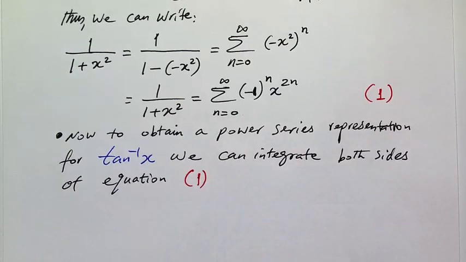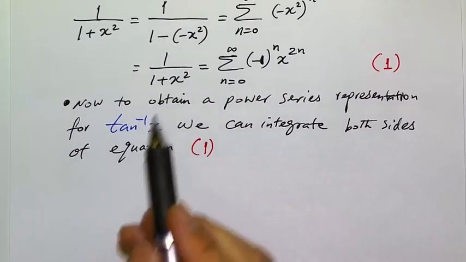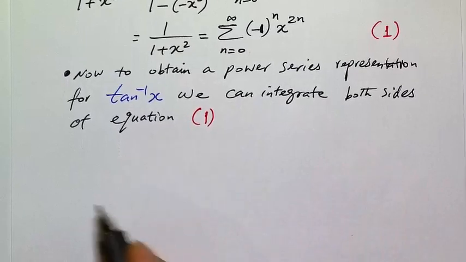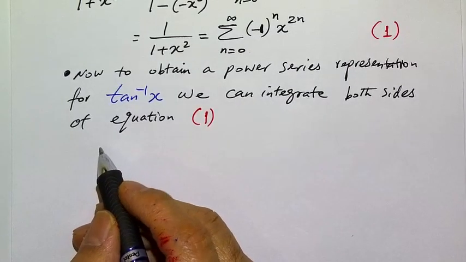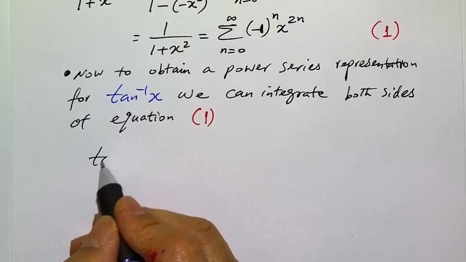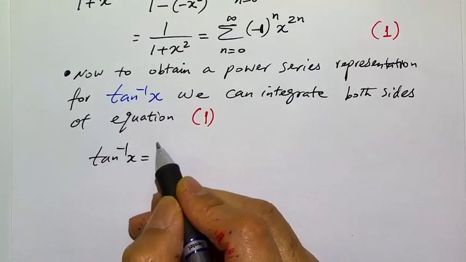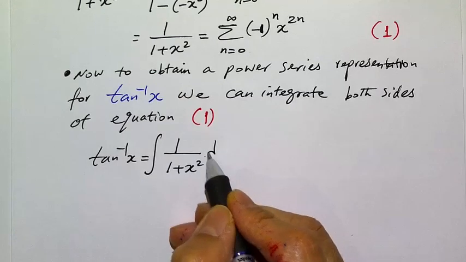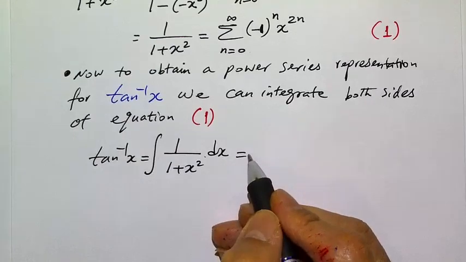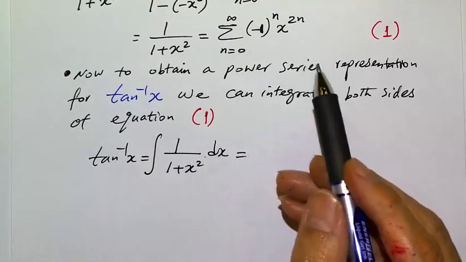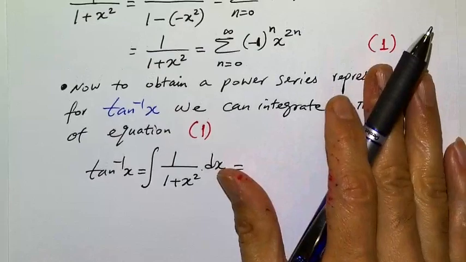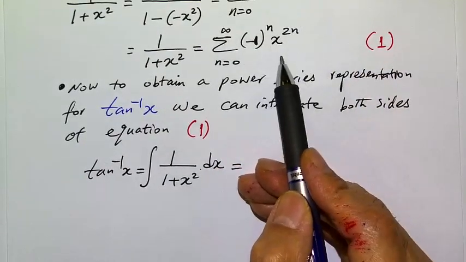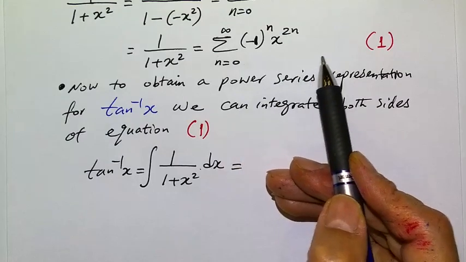All right, so if we do that, on the left, we will have inverse tangent of x equals the integral of 1 over 1 plus x squared dx, equals, and then how do we integrate the power series? Very easily. We just add 1 to it, 2n plus 1, and divide that by the new power, which is 2n plus 1.